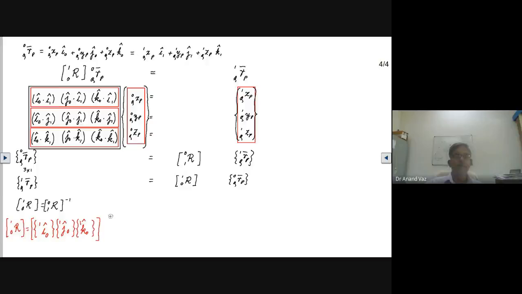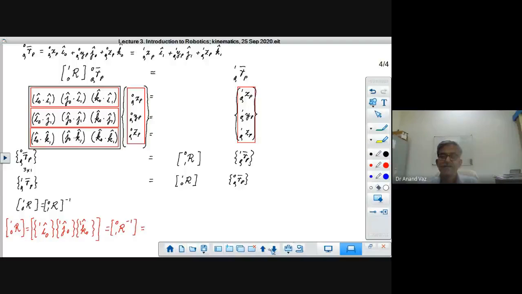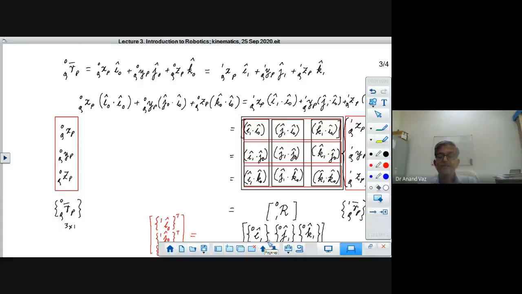Okay, and we know that R 0 to 1 is actually the inverse of R 1 to 0. Okay, so it's the same thing, but if you look at the previous slide, you can see that it is just the transpose.